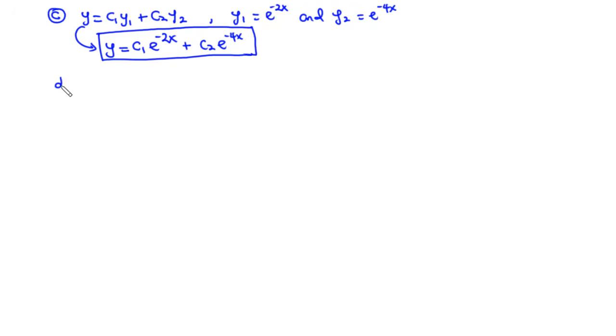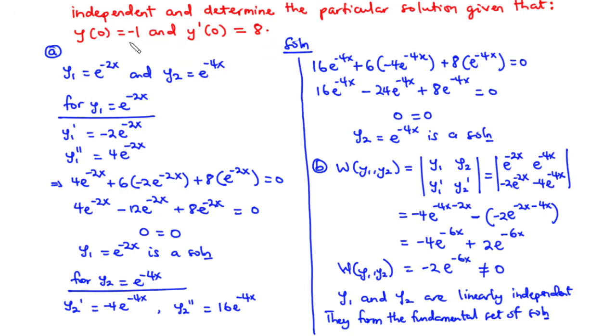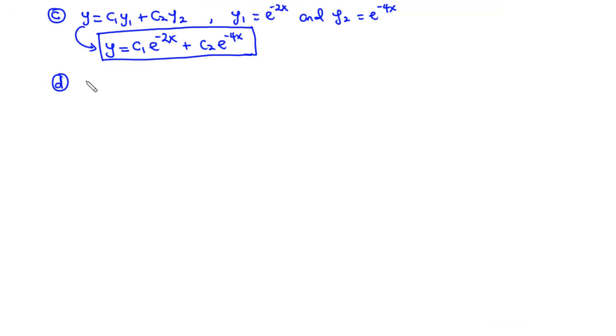Now we are asked to find the particular solution given the conditions y of 0 equals negative 1, y prime of 0 equals 8. So firstly, for y of 0 equals negative 1, we are going to plug in x equals 0, y equals negative 1 in the general solution.